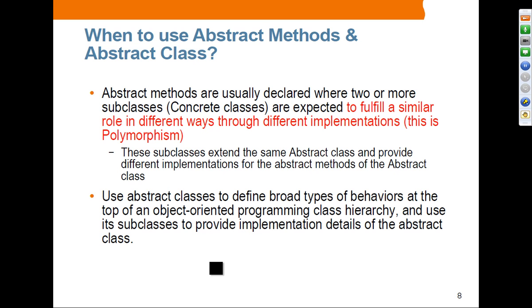Again, I'm not going to talk about polymorphic behavior in detail for now, because we're going to spend quite a bit of time talking about that later on. For now, just focus on the syntax. You could have multiple concrete subclasses extending that same abstract class, like LivingThing, but providing a different implementation for the abstract method.